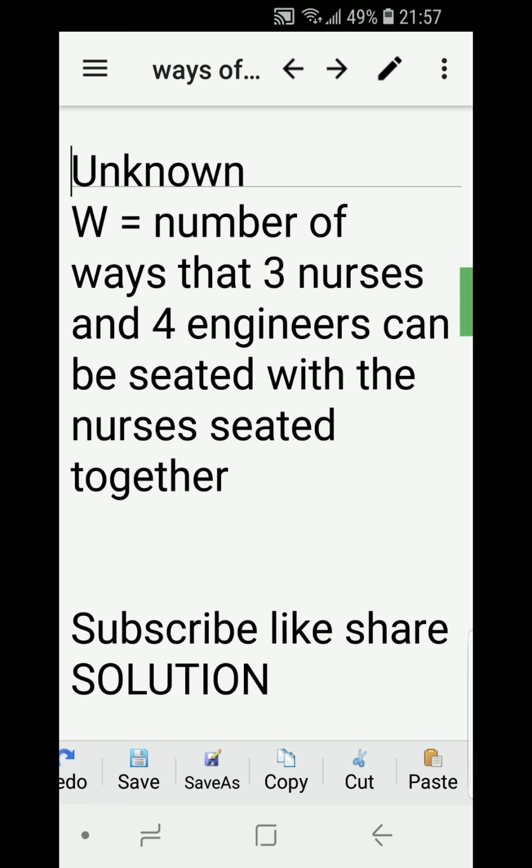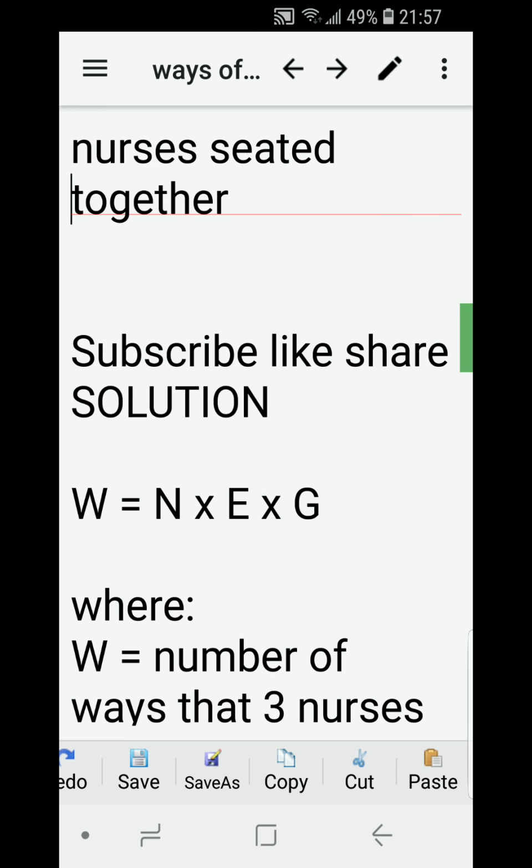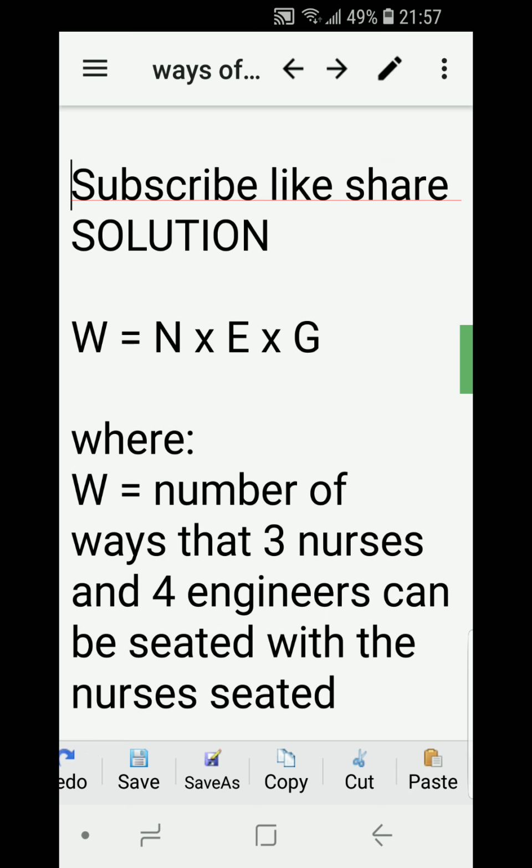So the unknown is the number of ways that 3 nurses and 4 engineers can be seated with nurses seated together.